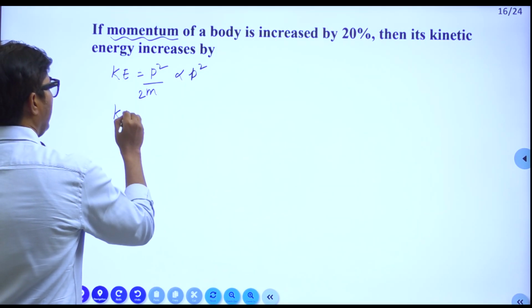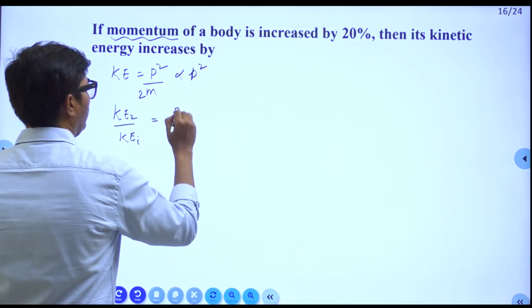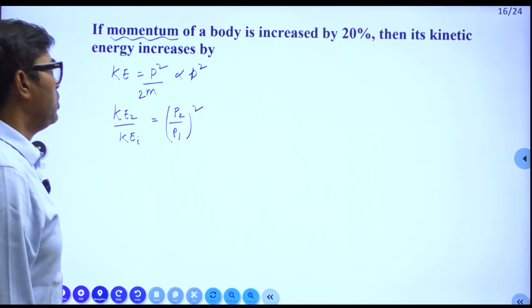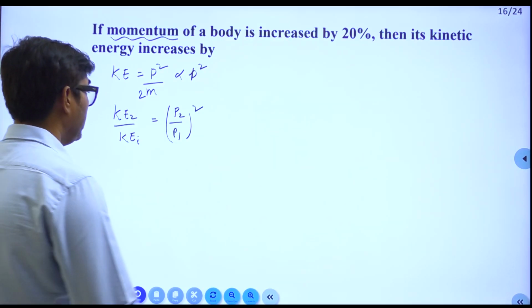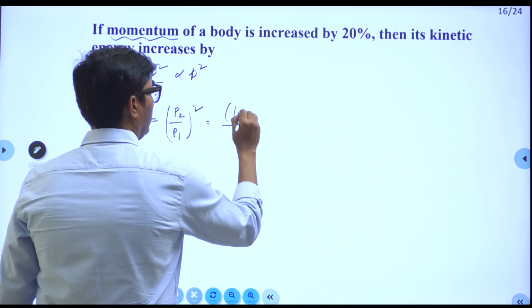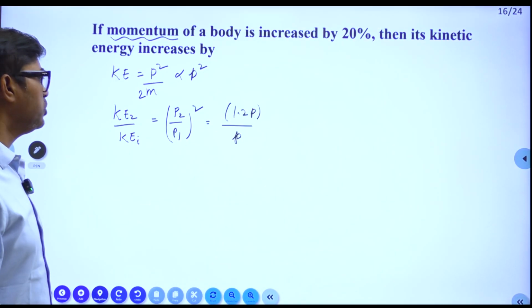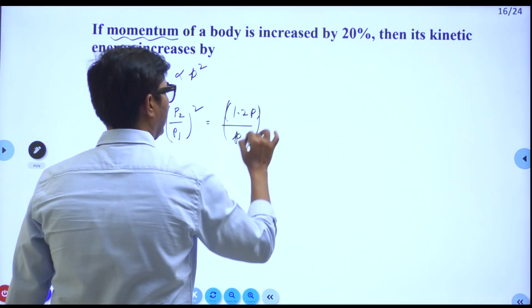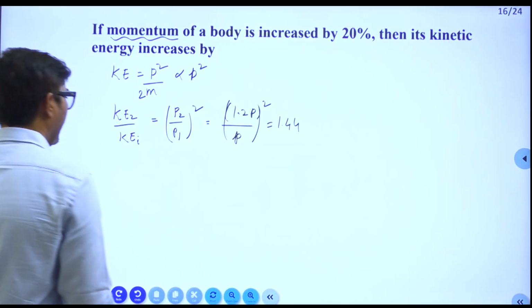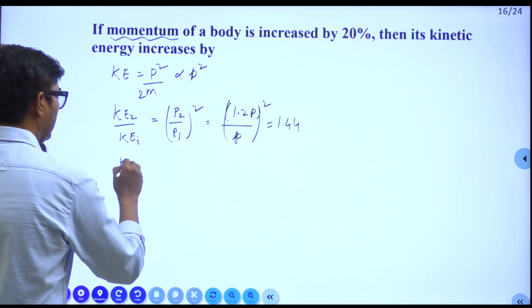So KE2 by KE1 will be equal to p2 by p1 the whole square. Now momentum has increased by 20%. That means if I take initial momentum as p, final momentum will be 1.2p. Right, 20% meaning 0.2 times it has increased. Whole square, it will become 1.2 square, meaning 1.44. Now I want the percentage change there. That is why you subtract 1 either side.